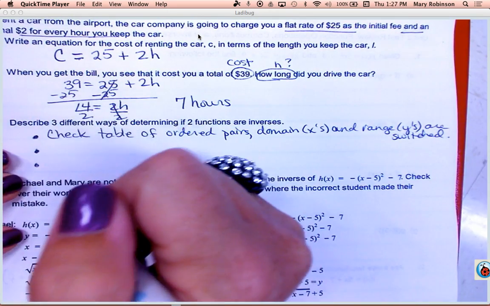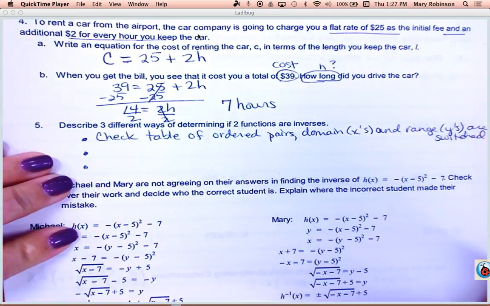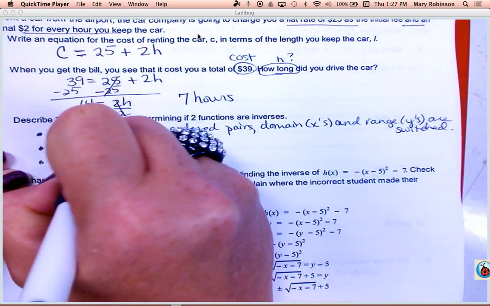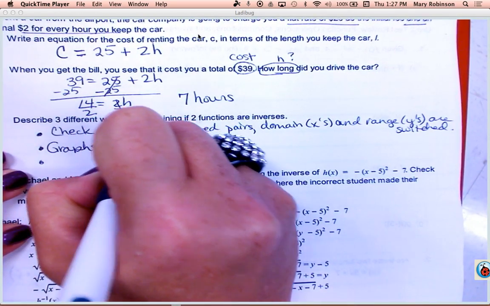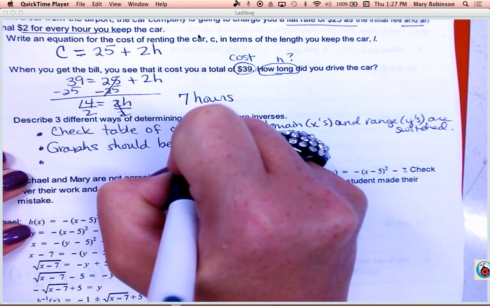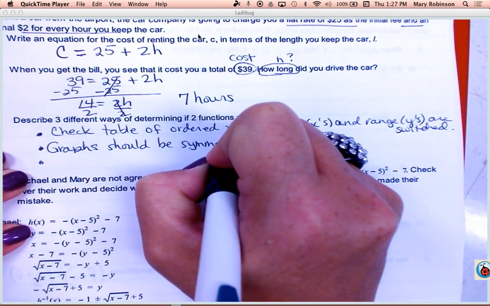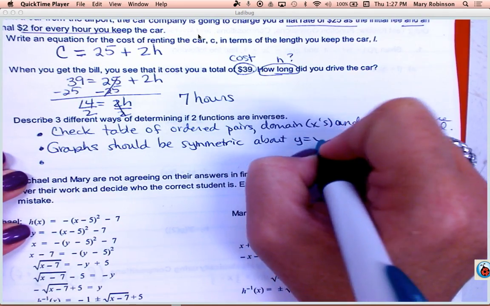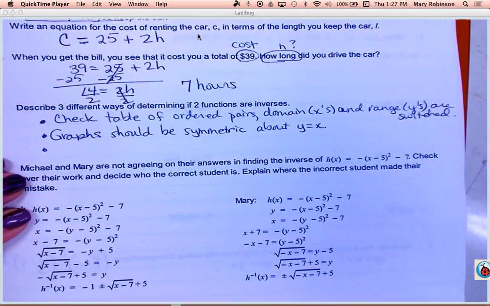The other is when you graph them, you should see symmetry. So the graphs should be symmetric about y equals x. So you simply need to memorize these, but we've talked about them over and over and over in class.